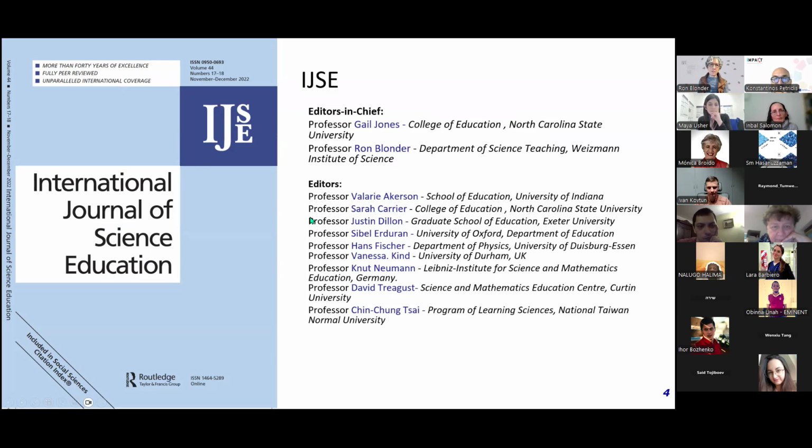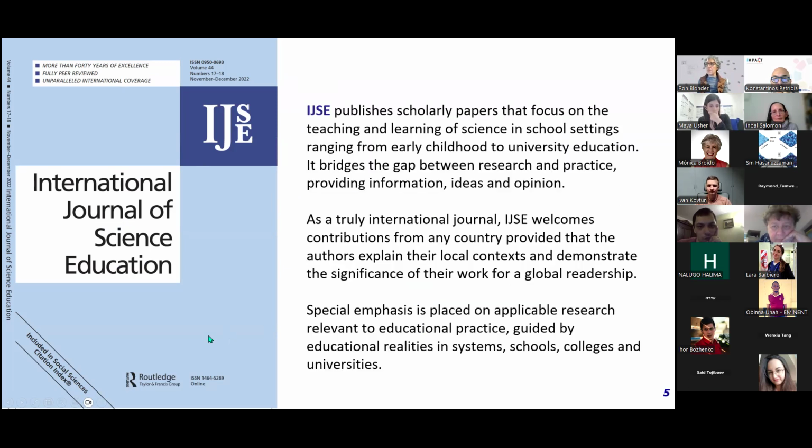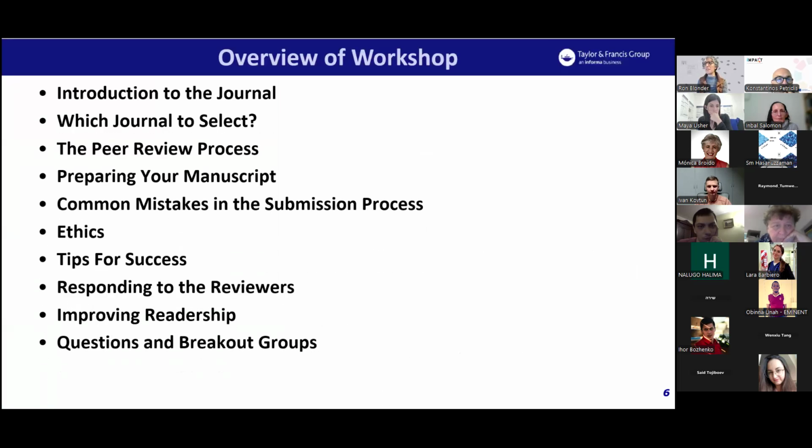We have a very international editorial board from different countries, and we publish scholarly research in science education for different age levels and different science disciplines, but we focus on research on education. I think that the things I'm going to talk about today are relevant no matter what discipline your research is.